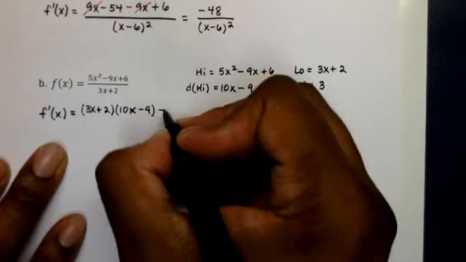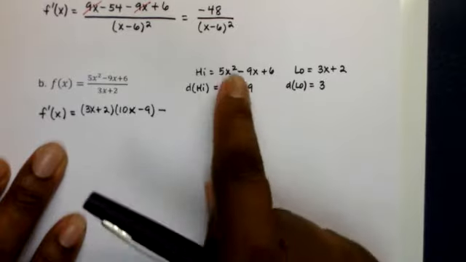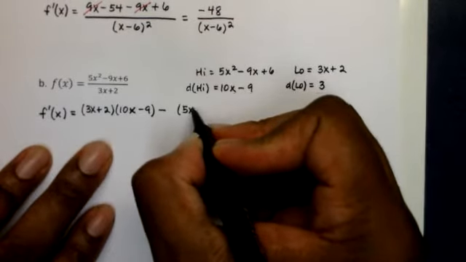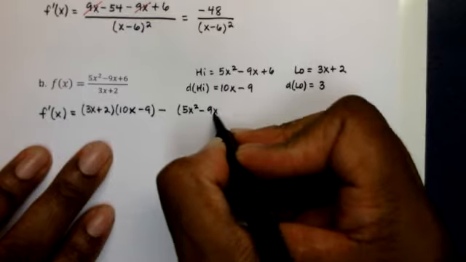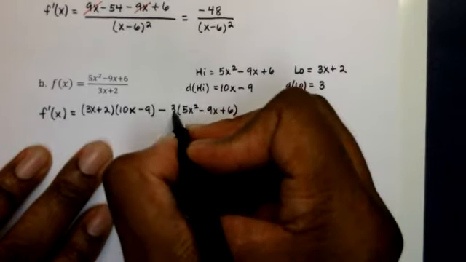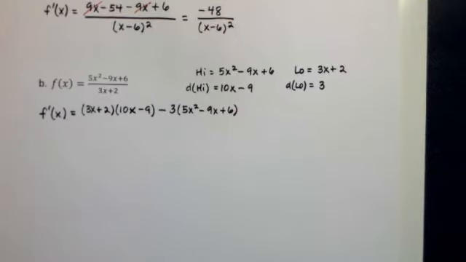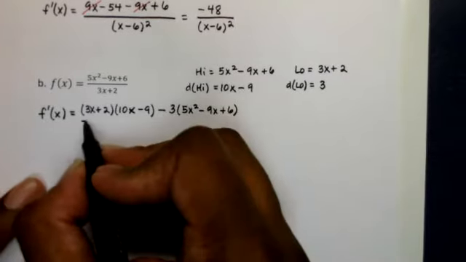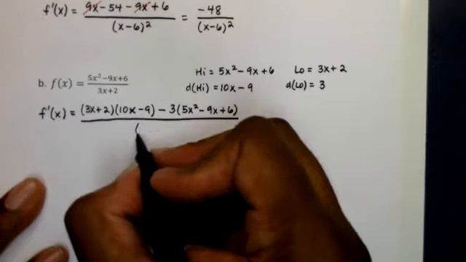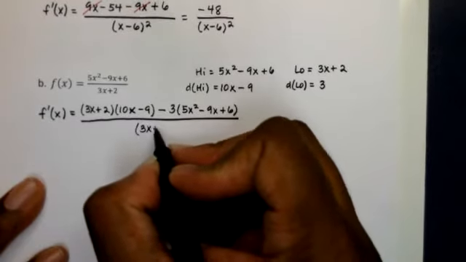And then minus the high, which is 5x squared minus 9x plus 6, times the derivative of the low. And notice I'm putting the 3 in front of the 5x squared minus 9x plus 6. All that's going to be divided by the square of the low, 3x plus 2, quantity squared.